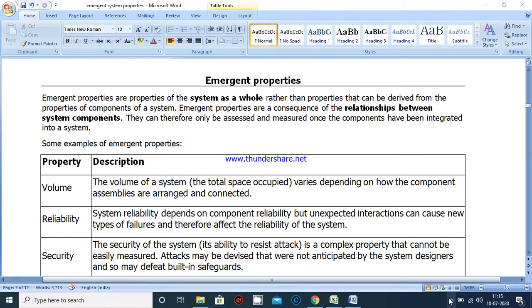These properties relate to the subcomponents' properties of a particular system as a whole. That's why they are a consequence of the relationships between each individual component of a product.